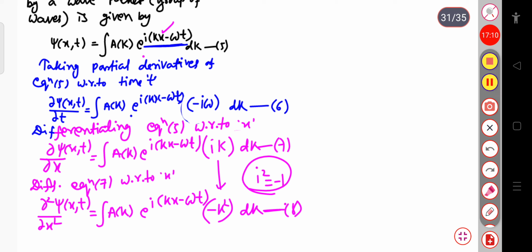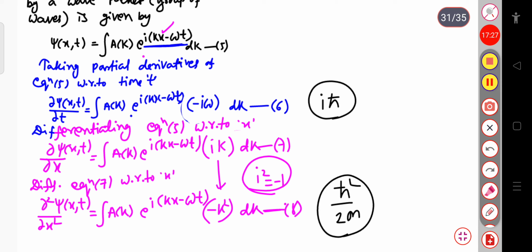Now we have to multiply the term iħ in equation 6, and ħ² by 2m in equation 8, and minus V(x) in equation 5.